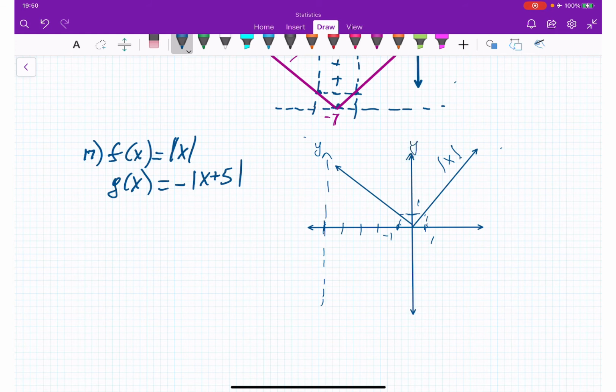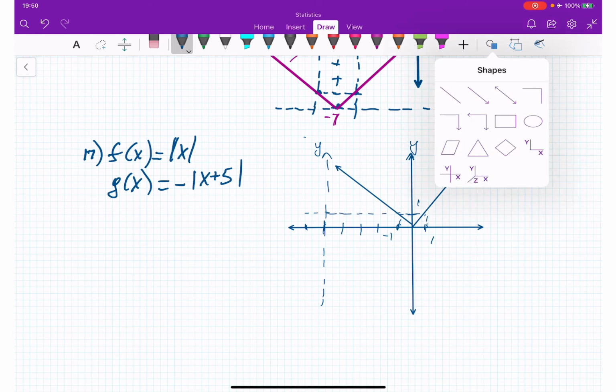Okay, and now let's see. It's going to be 1 here, 1 here, and this one comes here.